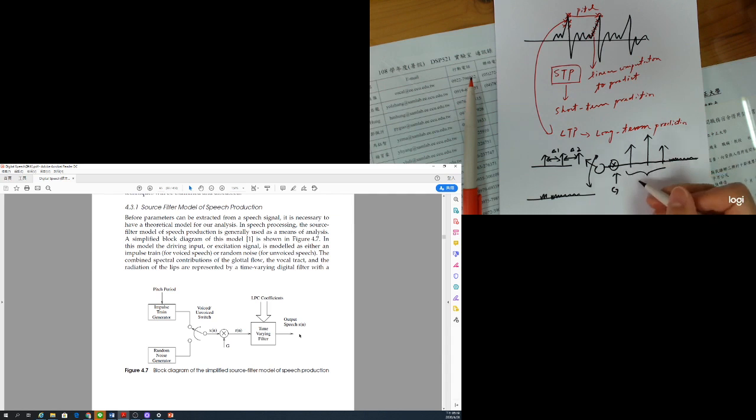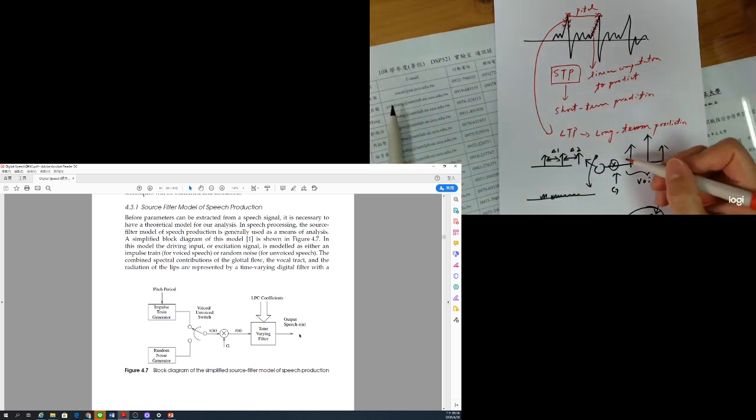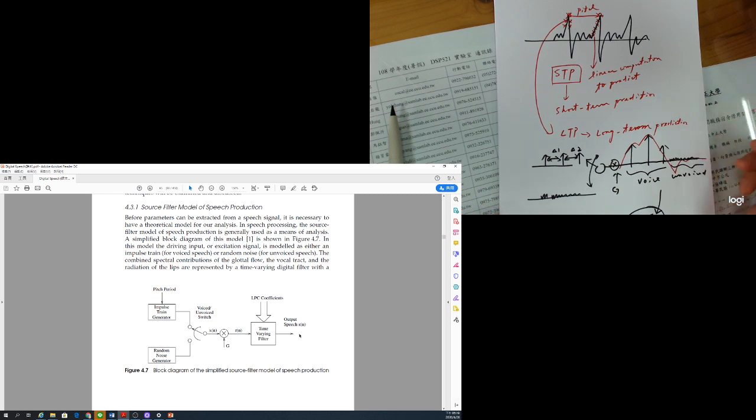This part is voiced, and this part is unvoiced. They are mixed together, and later they go to the time-varying filter. The time-varying filter is the short-term prediction, which normalizes the signal. This is what we call a simple source filter model.